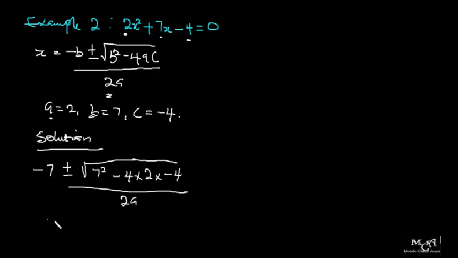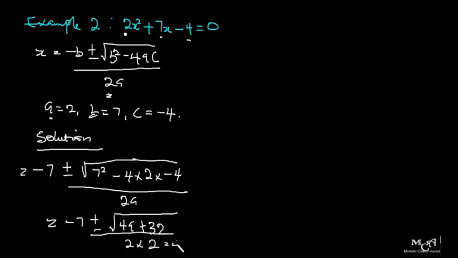So this should give us minus 7 plus or minus the square root of, what is 7 squared? That's 49. So minus 4 times 2 is minus 8. Minus 8 times minus 4 will be plus 32, all over 2 times 2, which is 4, right?